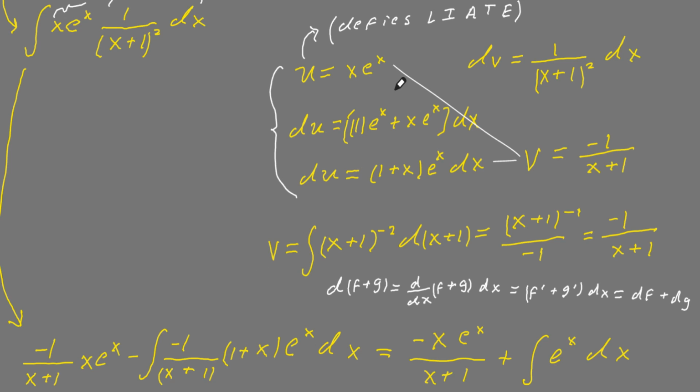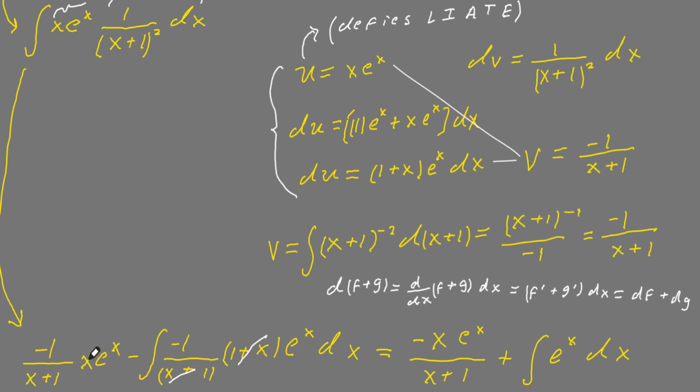So I have u times v, and I'll write the v first, so I have minus 1 over (x plus 1), multiplied by x times e to the x, and that's minus the integral of v over here times du, which is all this stuff over here. Now the nice thing about this integral is that this term cancels with this term. So you get this cancellation here between v and du.